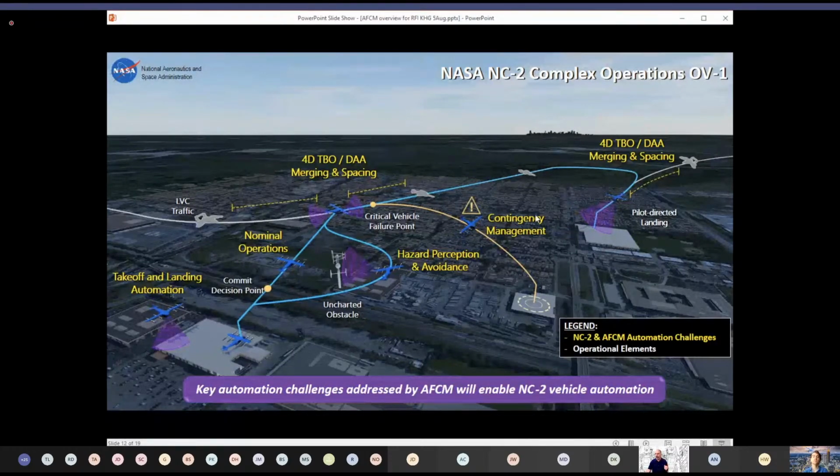From a nominal operational perspective, key things are how we interface with the airspace system. So things like time-based trajectory operations will probably be a key part of the airspace system architecture.